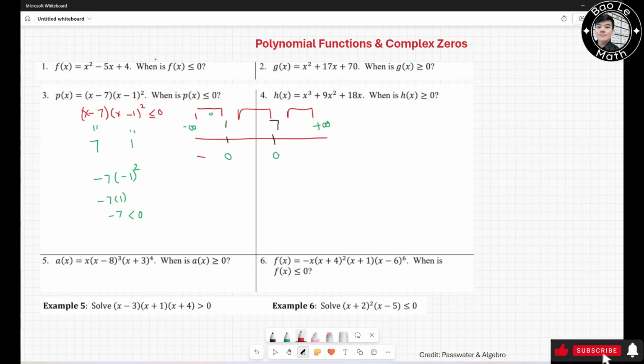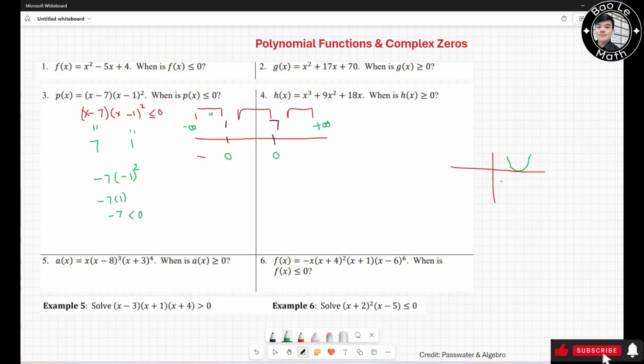Now keep in mind, the zero at 1 has multiplicity 2. Whenever you see an even multiplicity, the function does not change sign, because the function just bounces off the x-axis. So if you have the x-axis like this, the function either goes this way or goes like this.